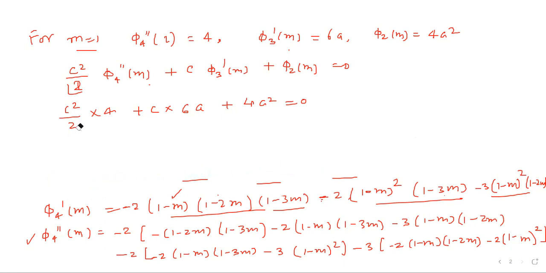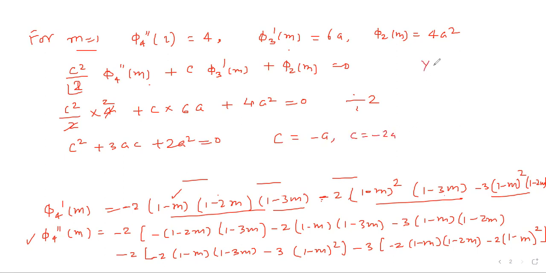So our equation will be c square plus 3ac, each term is divided by 2, 3ac plus 2a square equal to 0, which will factorize to c equal to minus a and c equal to minus 2a.